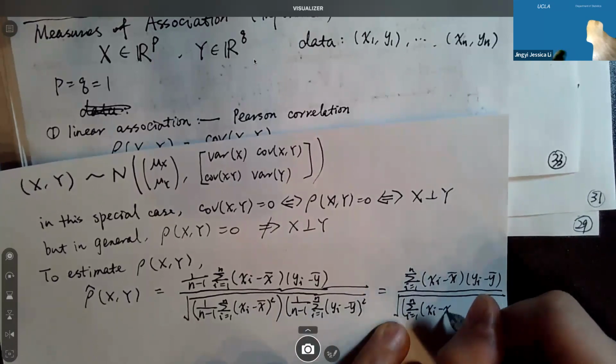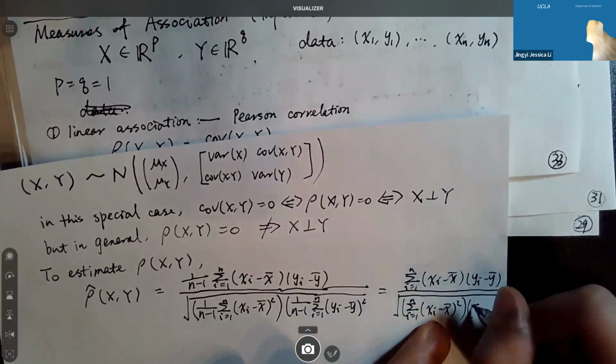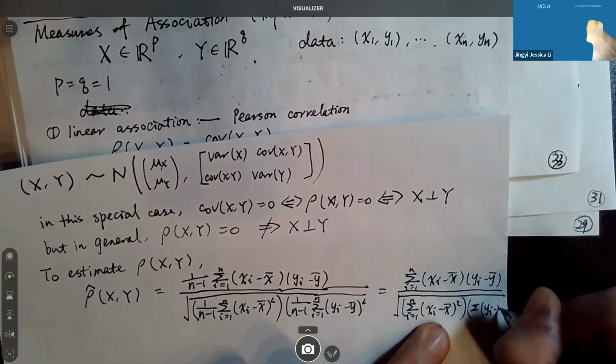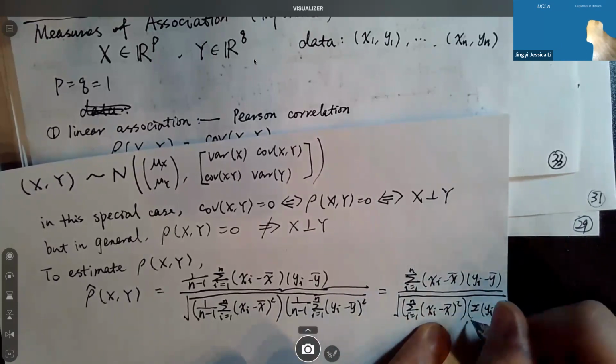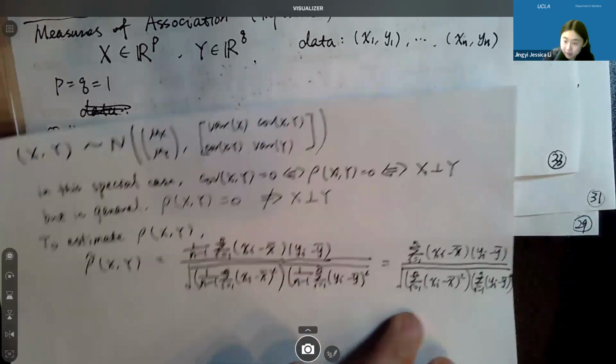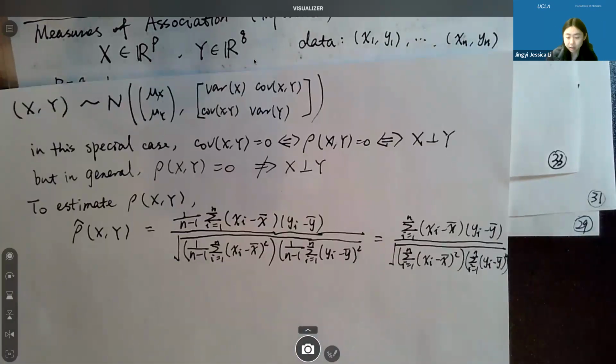Xi minus x bar squared, yi minus y bar squared. Okay, that's it. So Pearson correlation is the most commonly used strength for measuring a linear relationship. And one more thing I want to say is that you can see it's symmetric, right?